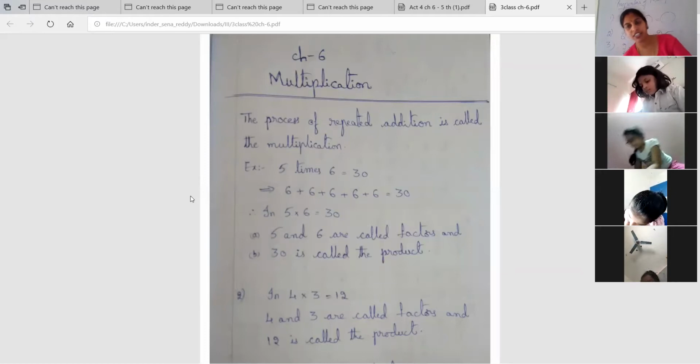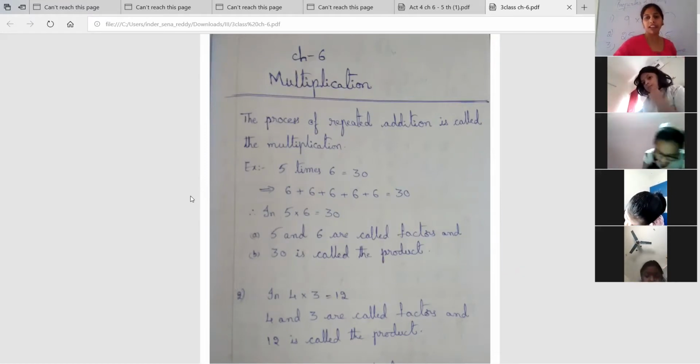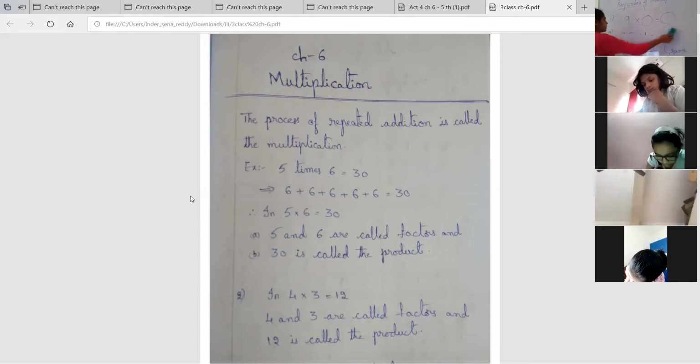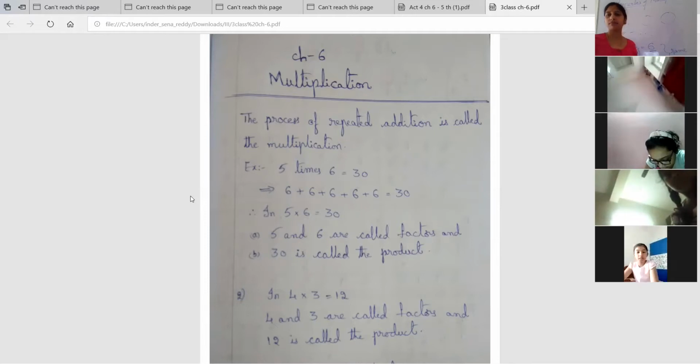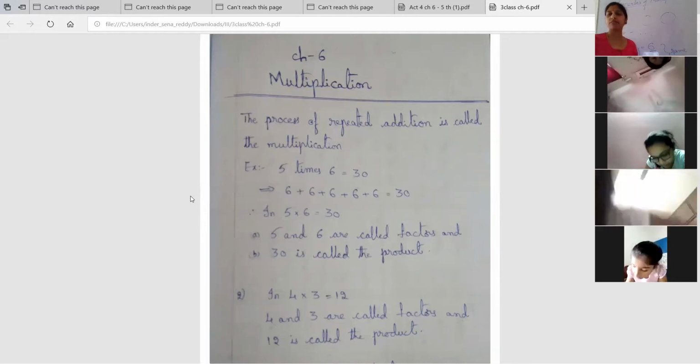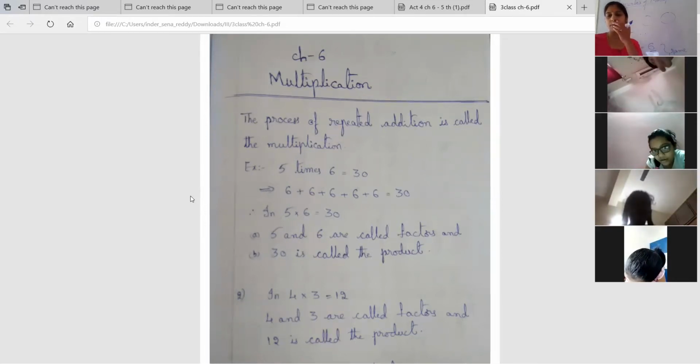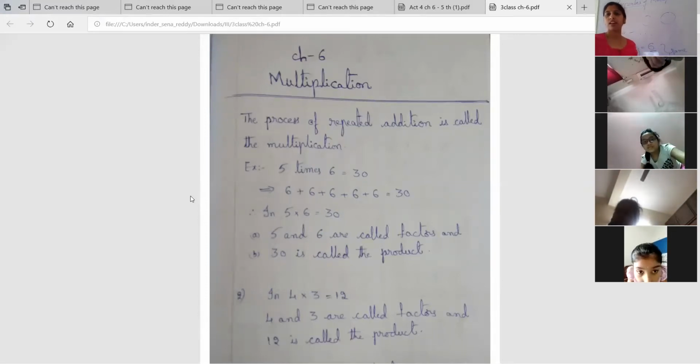Now see here, children, whichever numbers we are multiplying, all of you look onto the board. Open your classworks, everybody. Put today's date. What is today's date, children? It is 17-12-20.